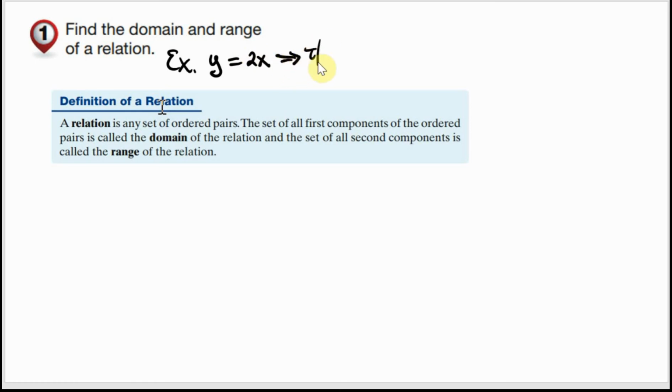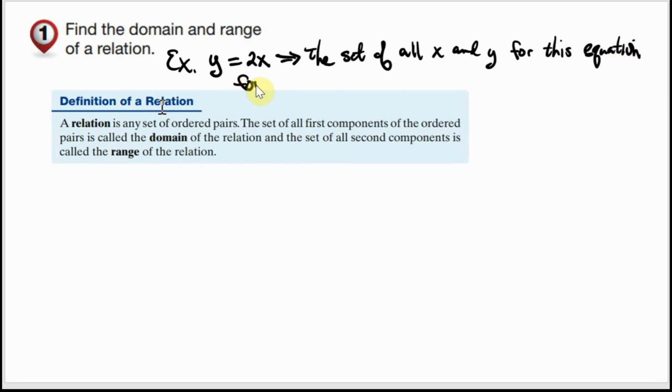We say that the set of all x and y for this equation forms a relationship. What relationship? Are they friends? Are they married? Well, it's a relationship. Are they associates?